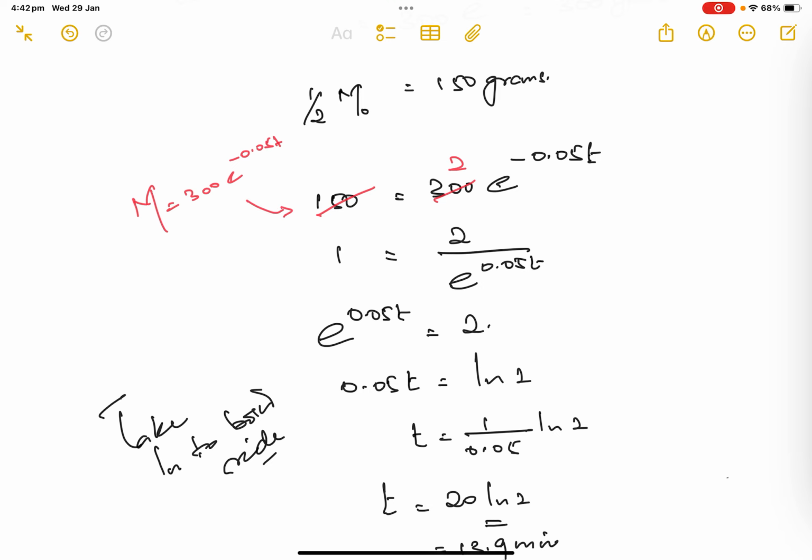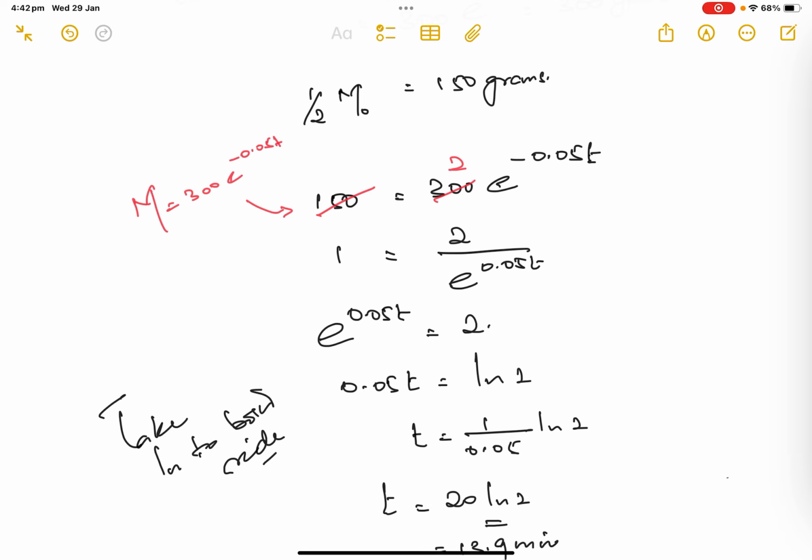M is 150, because it decreased to half of its original value, so 150 equals 300 e to the power of minus 0.05t, where t is the time taken to reach half of its original value.